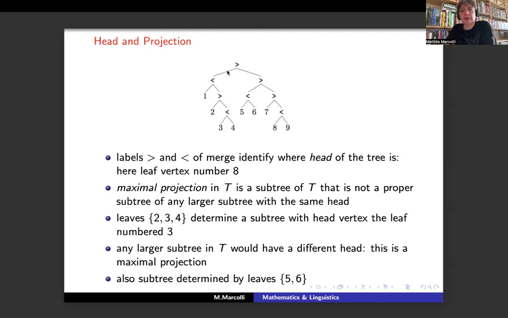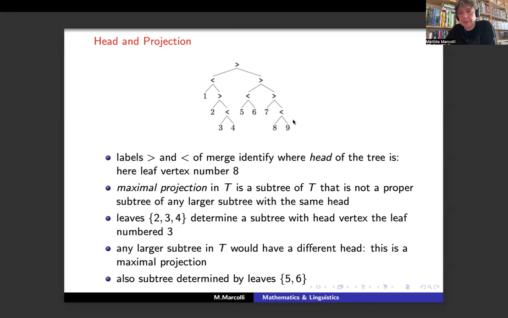So let me just say one thing about these head indications, because in this formulation of minimalism, you have this additional data that labels the internal vertices, not the leaves, and it keeps track of where the head of the substructures goes. So, for example, here, the label on this last subtree is saying that if I take out this substructure and just look at it, the head of this substructure is the leaf that's labeled 8.